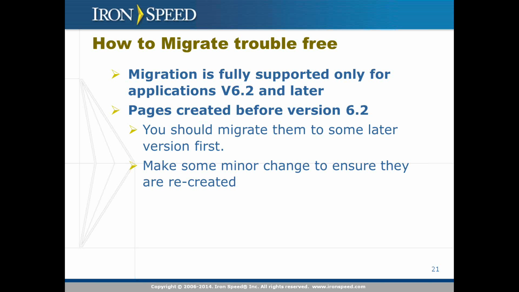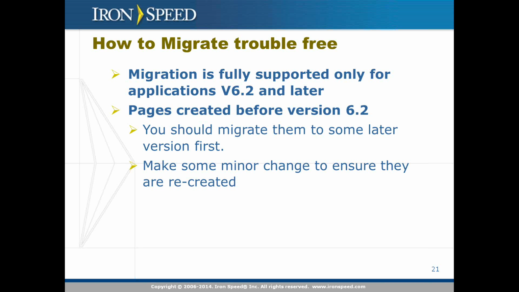In fact, in version 11, if you have any of the pages which has been created before 6.2 and never regenerated after this, it will refuse to migrate. So basically, what to do? You need to migrate your application to some later release after 6.2, and then go to those pages and slightly modify them.